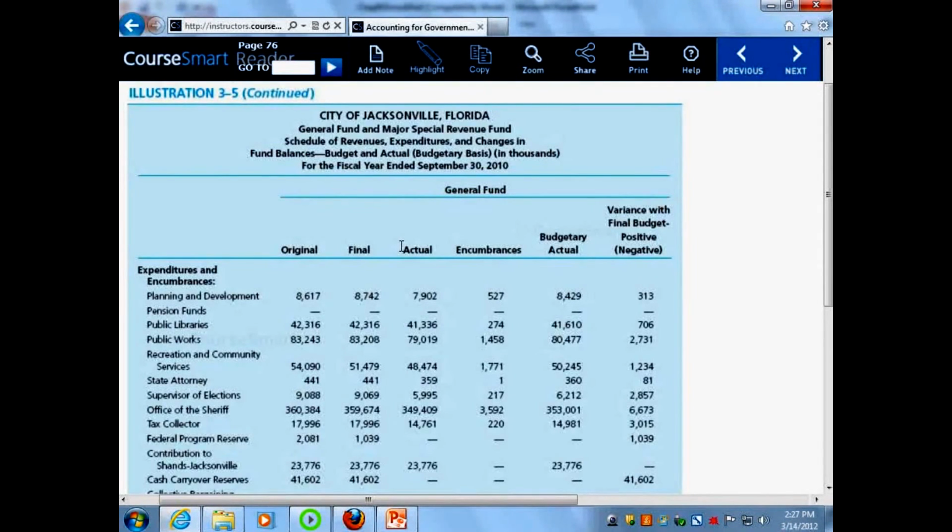That's why we have the column encumbrance. Because in order to come up with the variance column, you're taking the actual, you're adding the encumbrance to come up with the total amount that you've spent. Notice the difference.